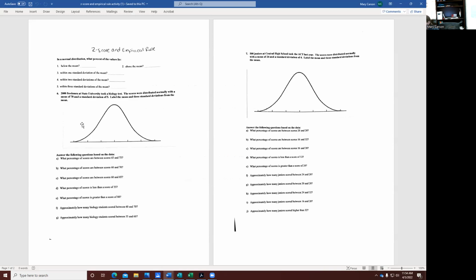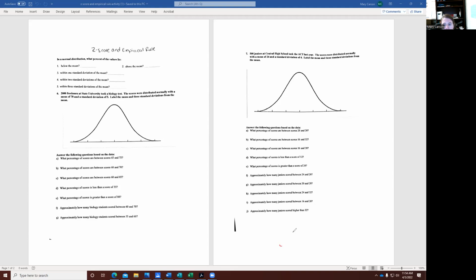If you are one standard deviation away from the mean, you're within, I think it was 67%, 68%, excuse me. Let me share.